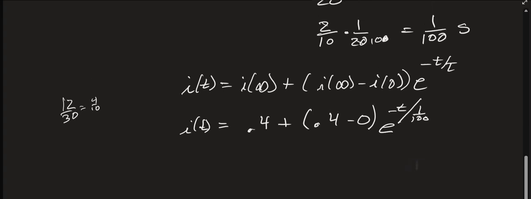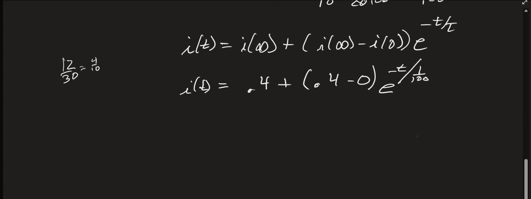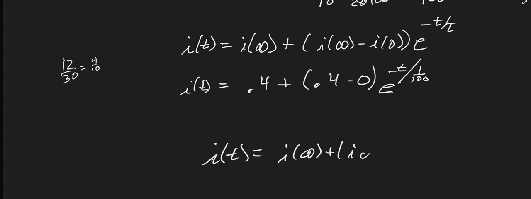I like to actually think of this as the formula, instead of the way it's written, I of t equals I at infinity plus I at infinity minus I at 0 times e to the negative t times 1 over tau, because then instead of having 1 over 1 over 100, I have 100.